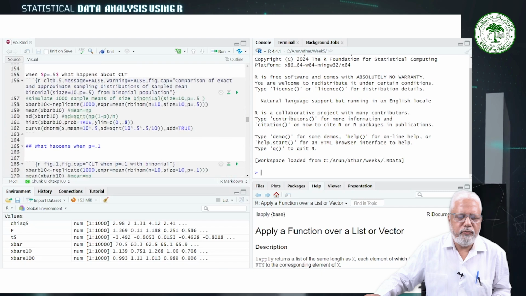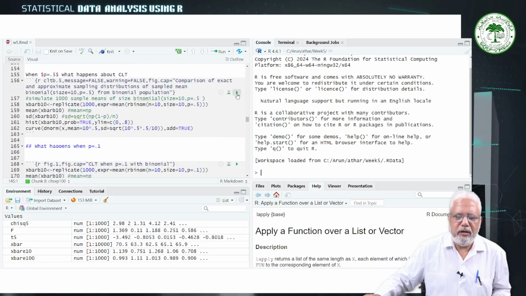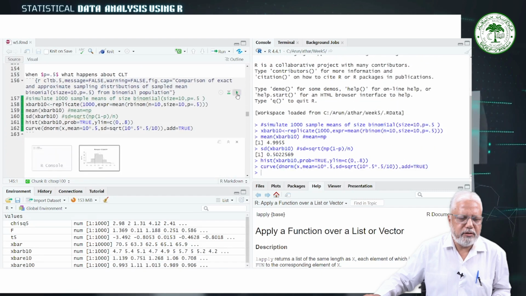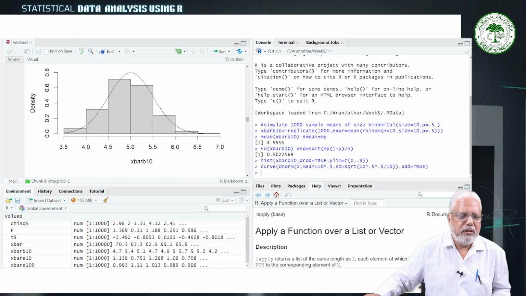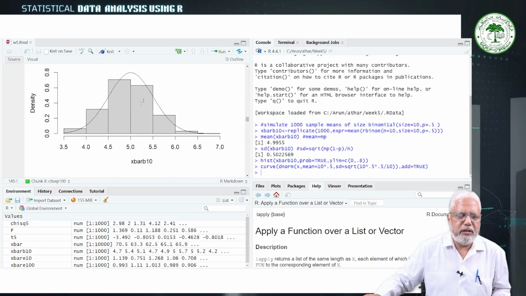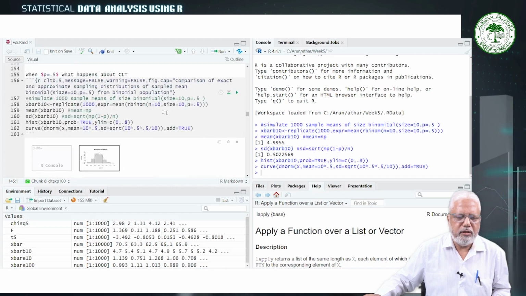So here we have written the command and we can run these commands. This is the output. Here the agreement between the histogram and curve is very close because it is symmetric.